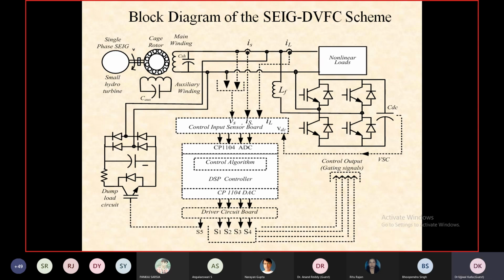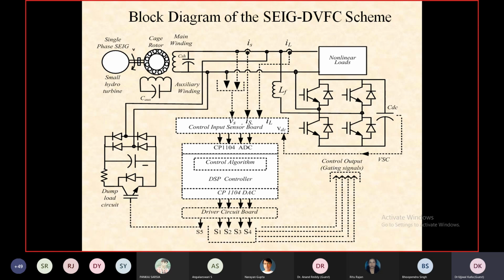The previous scheme that we have reported, that is the modified electronic load controller system, the MELC based system, was capable of feeding power to the linear loads only.